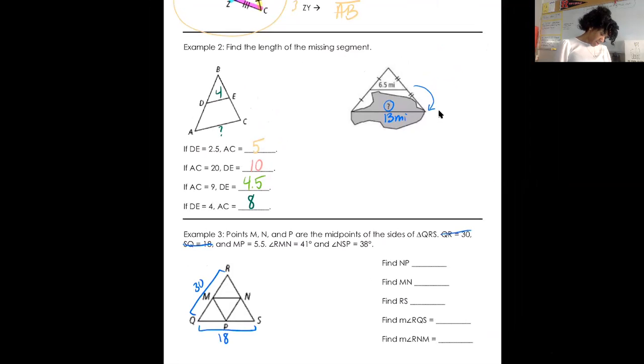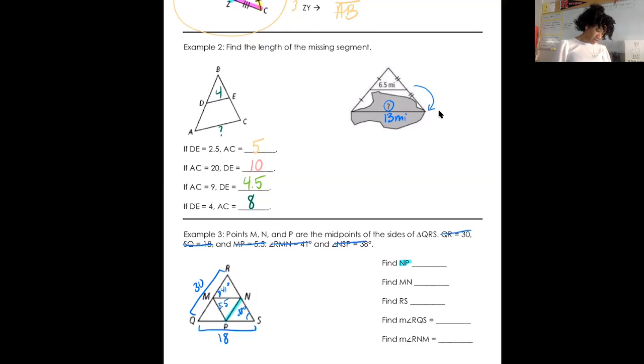MP equals 5.5. Angle RMN equals 41 degrees. And angle NSP equals 38 degrees. Okay. Find NP.